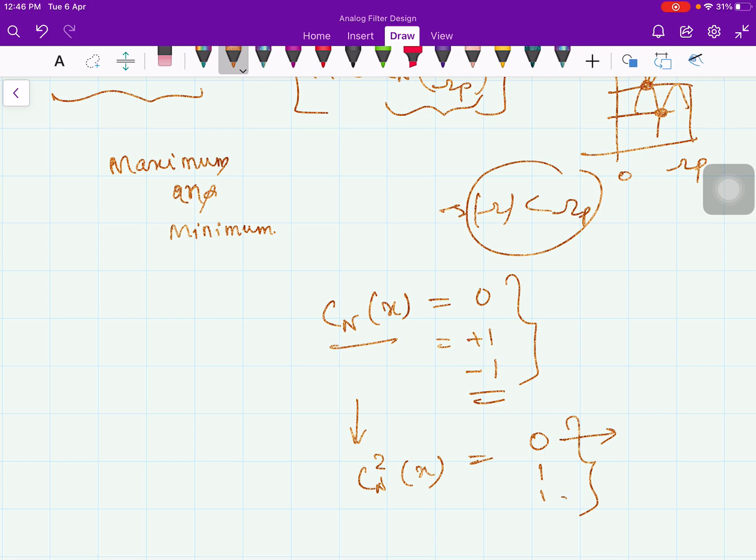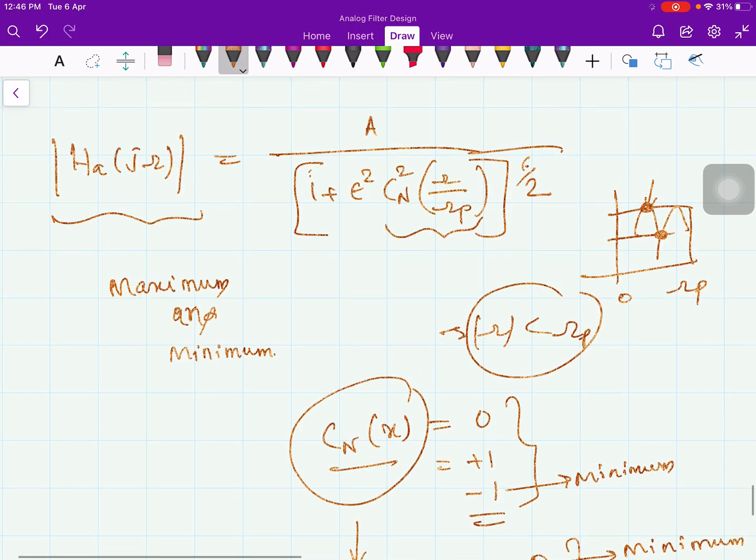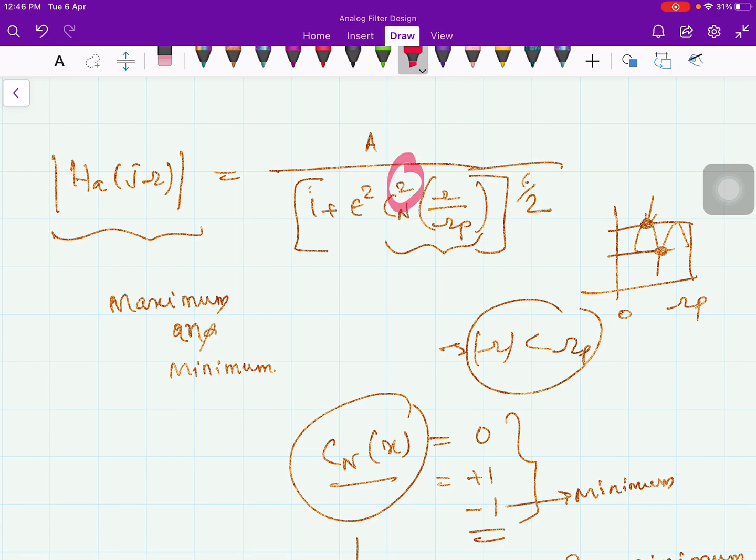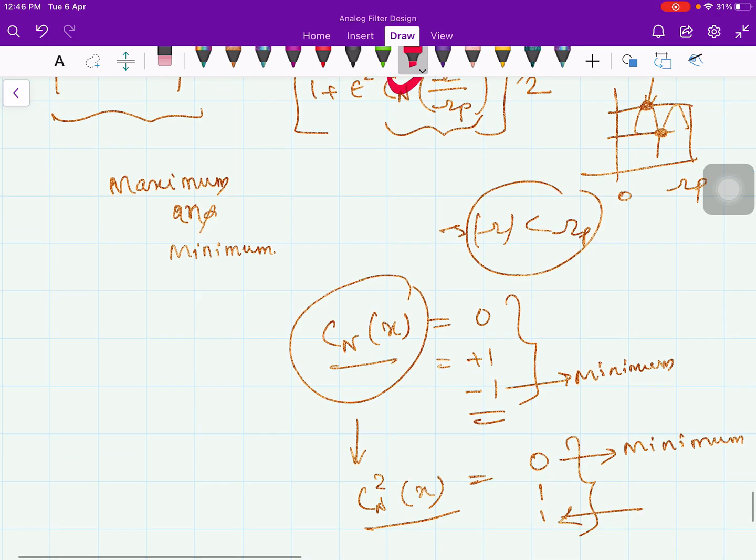And the maximum value is 1. See, if you take Cn of x, then this is the minimum value. If you take Cn squared of x, then 0 is the minimum value. Now in this expression, we need Cn squared of x. Therefore, the minimum value is 0.